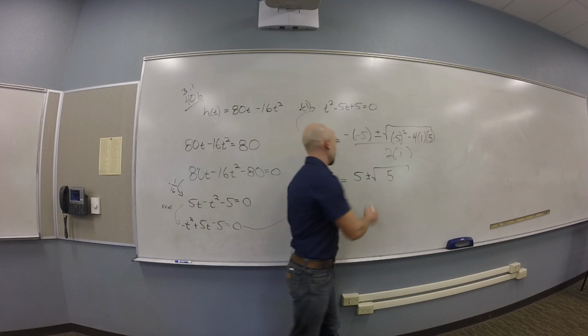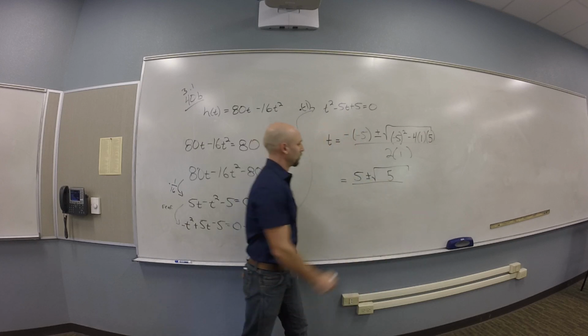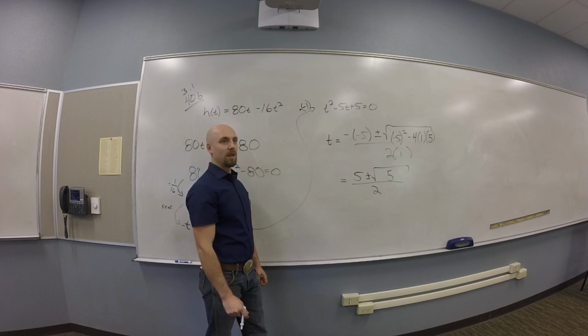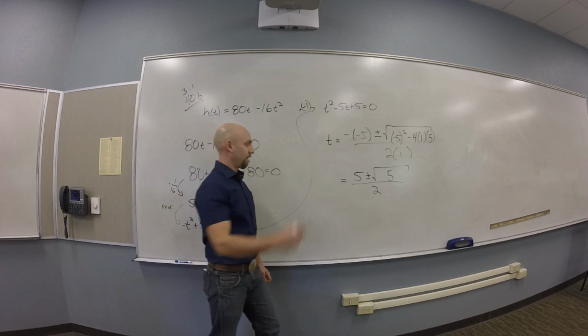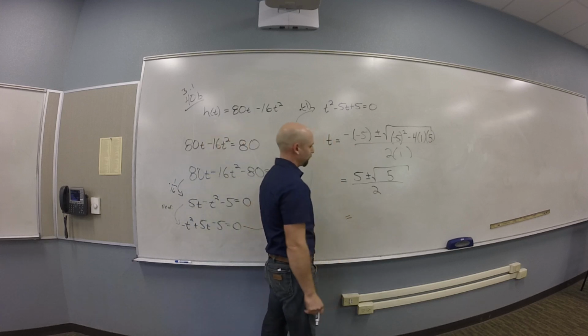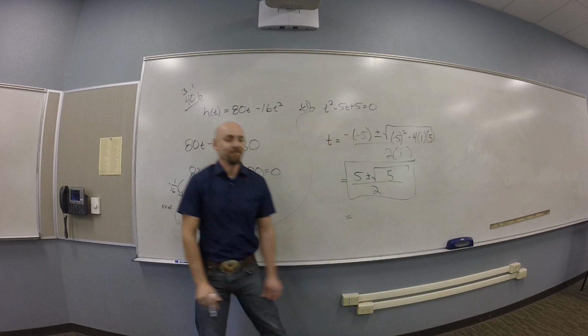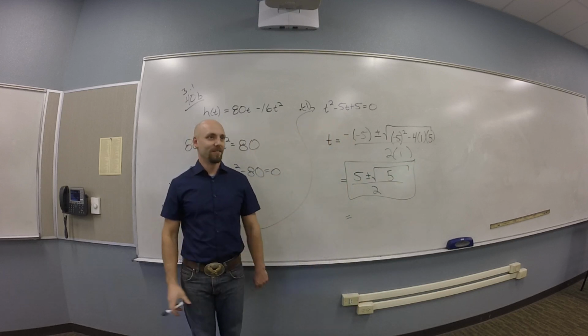Exactly. What do you have on the bottom? 2. So 5 plus or minus the square root of 5, over 2. Quit there while you're ahead.